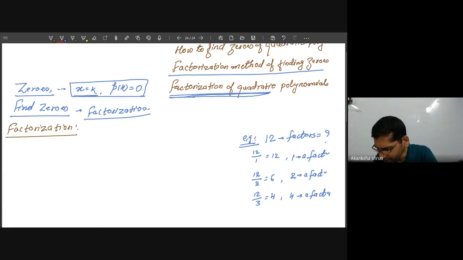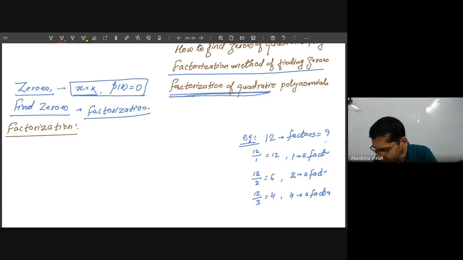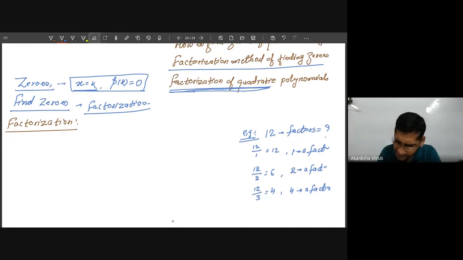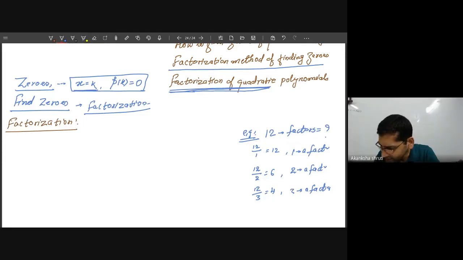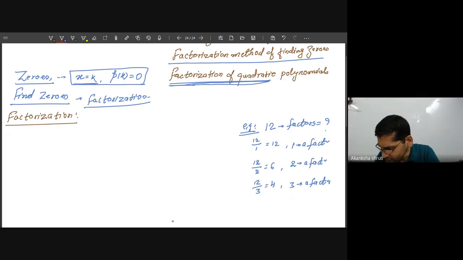Yes, even if we are dividing this 12 by 4, still we are getting the quotient as 3. Means 4 threes are 12. So 4 is also a factor.